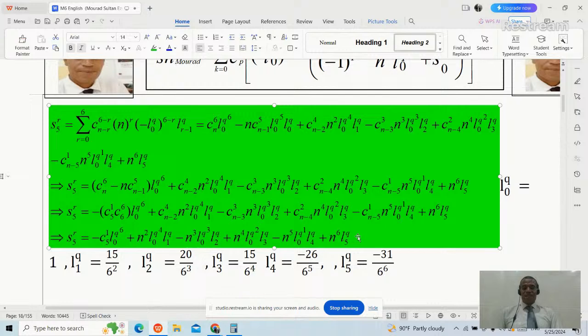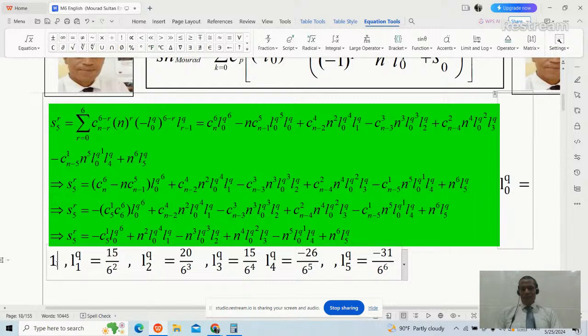Now, learners, we just find the last value, the last formula. This formula has been simplified and has been derived from the discriminant formula of Mourad Sultan Ezouidi when k equals 6. We obtain the last one. Now I will use the given detail. This is L0, Mr. Murad.